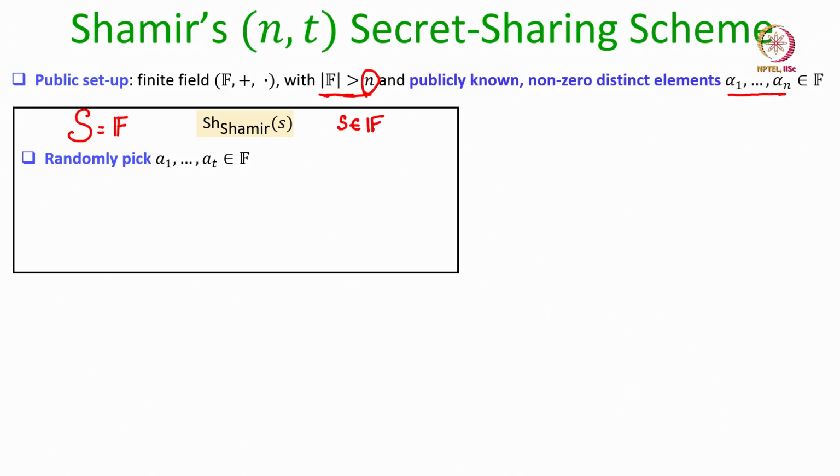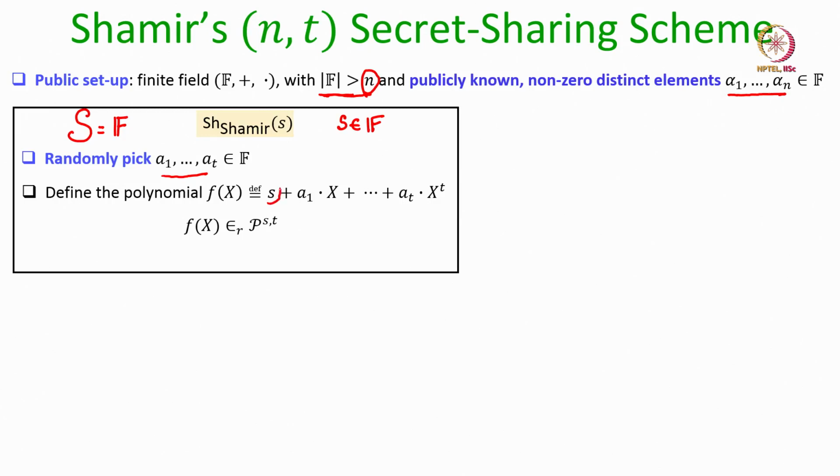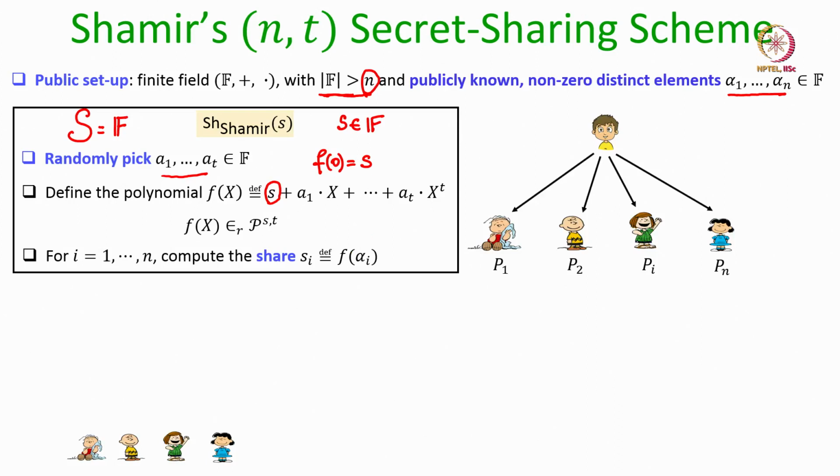To share an element from the field, the sharing algorithm randomly picks t coefficients and it forms a t degree polynomial using those coefficients, with the constraint that its constant term is S, namely f of 0 will be S. And what will be the shares? The shares are computed by evaluating this polynomial at x equal to alpha 1, x equal to alpha 2, up to x equal to alpha n.